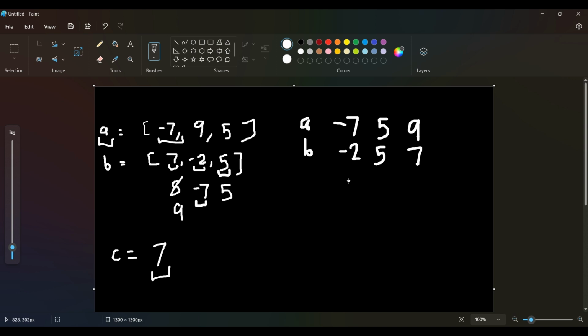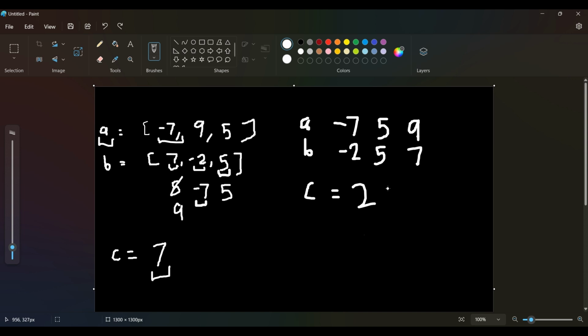First of all, if you notice, we have rearranged the array A. It doesn't matter if we rearrange the array B or not, but if you rearrange the array A, then the cost will be equal to K. So if K is 2 here, then I have to initialize C by 2 because we have rearranged the array A.